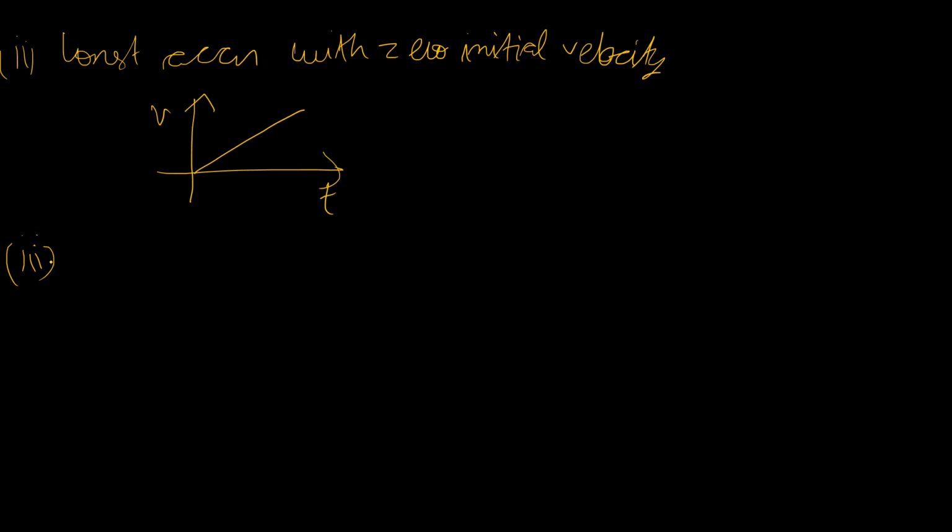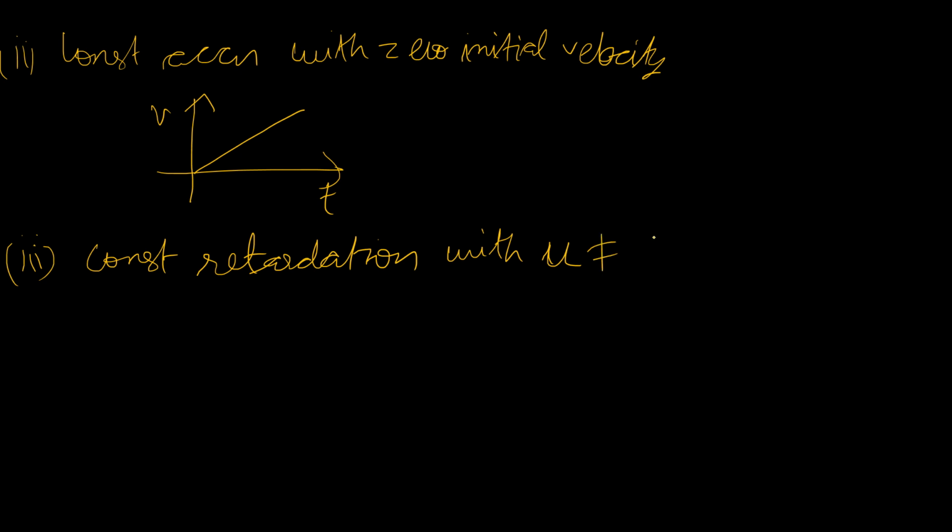Okay, next one, third one. Body moving with constant retardation and its initial velocity is not zero. Constant retardation, that is negative acceleration, with initial velocity, which we represent as u. We will learn soon. u is not equal to 0. The graph will be like this.